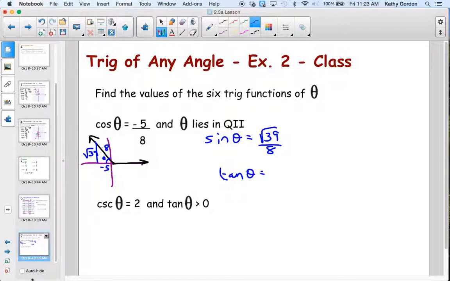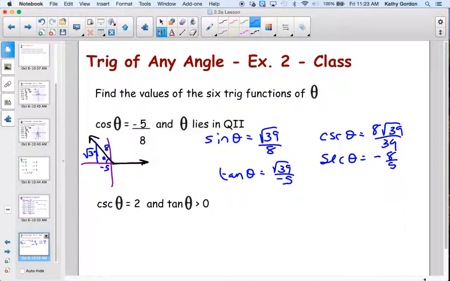Square root of 39 over negative 5. We have to go opposite over adjacent on tangent, right? So the root has to go on top. All right, cosecant. Secant. 8 over negative 5, negative 8 over 5. And cotangent.